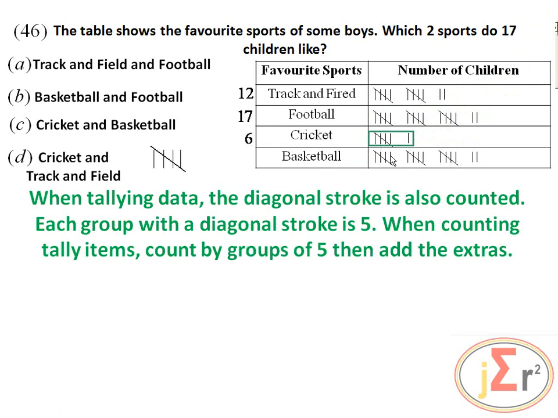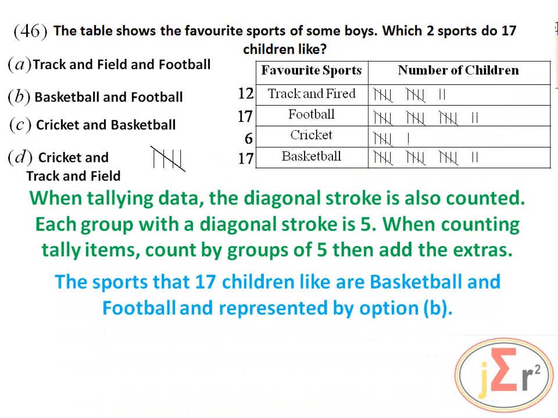And then we say 5, 10, 15, and the extra 2 will give us 17. The sports that 17 children like are basketball and football, and are represented by option B, because we have 17.